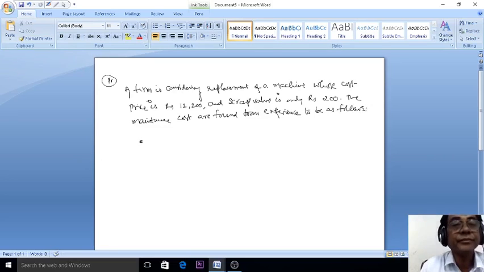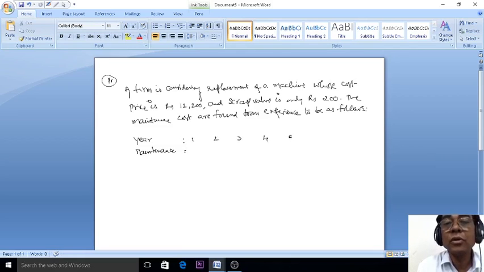Year, maintenance. Year up to 8: 1, 2, 3, 4, 5, 6, 7, 8.